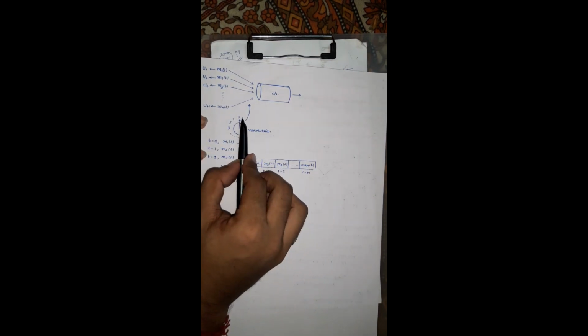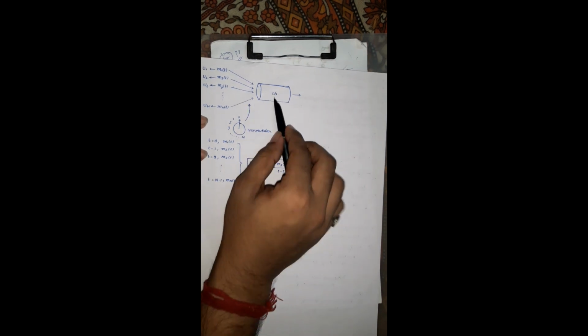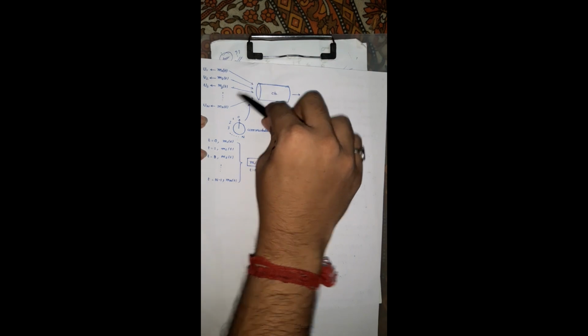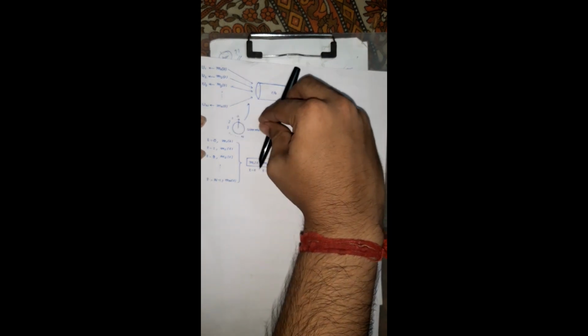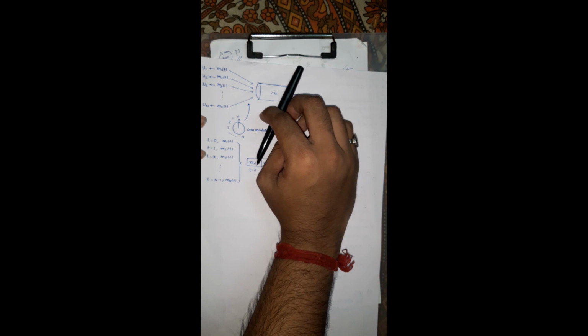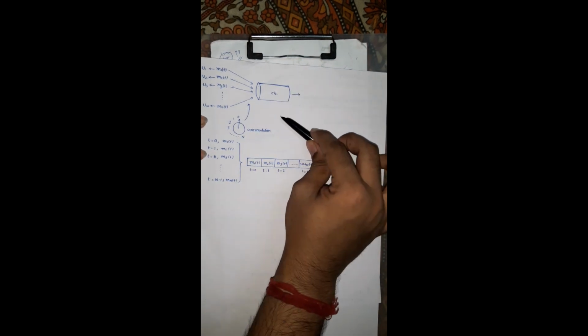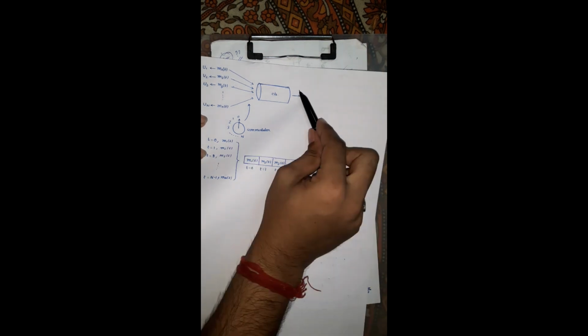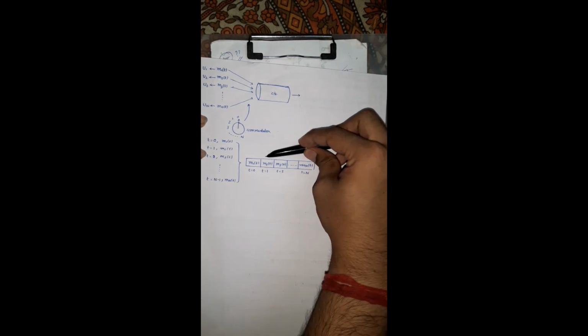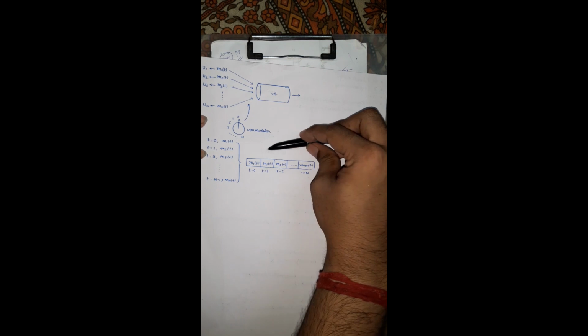There is a clock, and the purpose of this clock is just to transmit multiple messages alternatively through this channel. So the clock is selecting the messages. If there are 5 messages, then it will select 1 2 3 4 5, again 1 2 3 4 5, again 1 2 3 4 5.